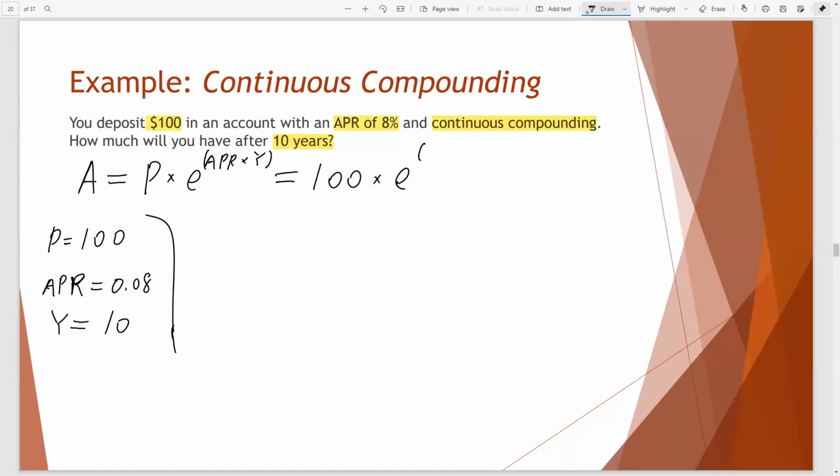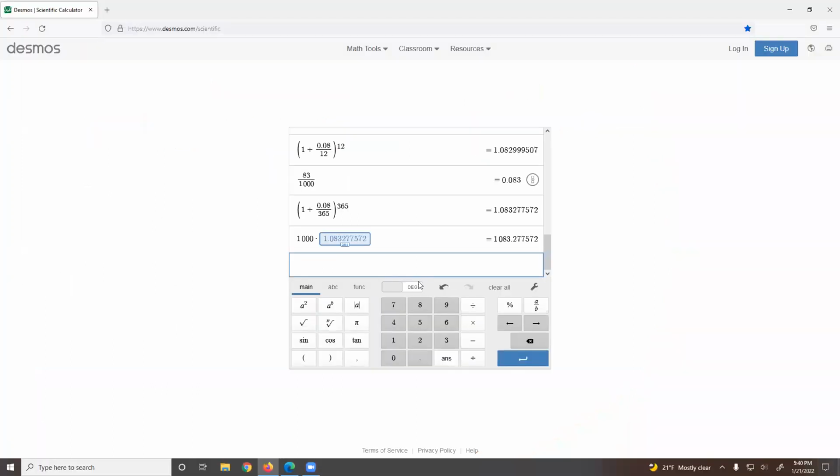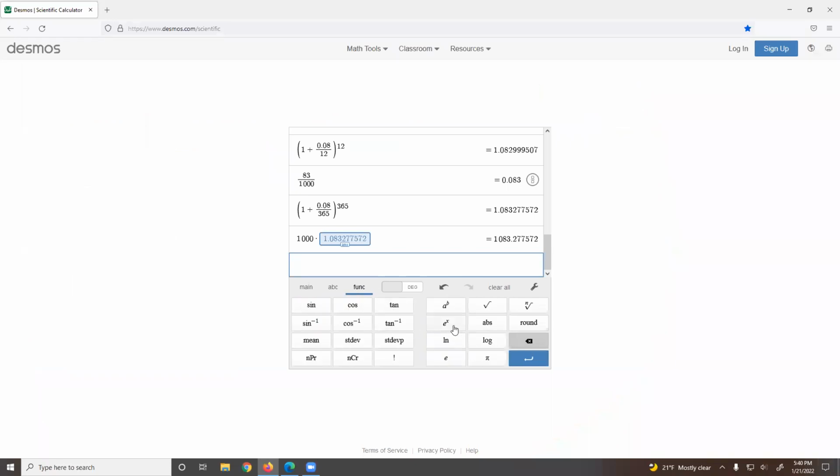e to the 0.08 times 10. It should also be a number. On your calculator you have e to a certain power, and that power is 0.08 times 10.